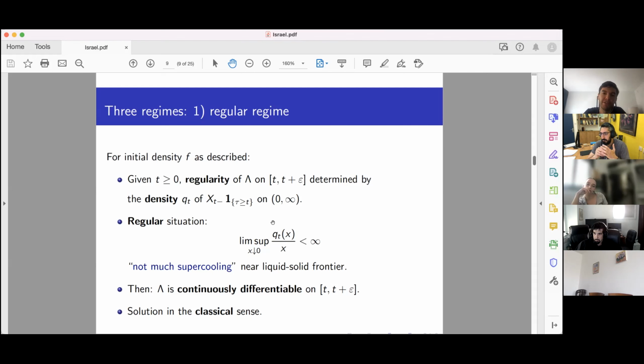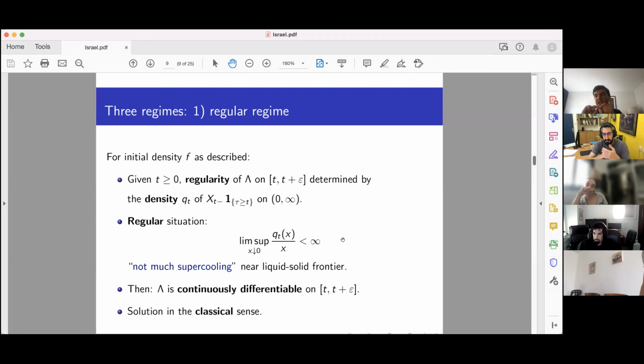And if right before time t, in the sense of the left limit, the temperature distribution goes to 0, so to the correct boundary condition at the boundary, and it goes to 0 fast enough, meaning at least linearly, and that's the condition in the middle of the slide, then we can show that you will see this regular behavior.